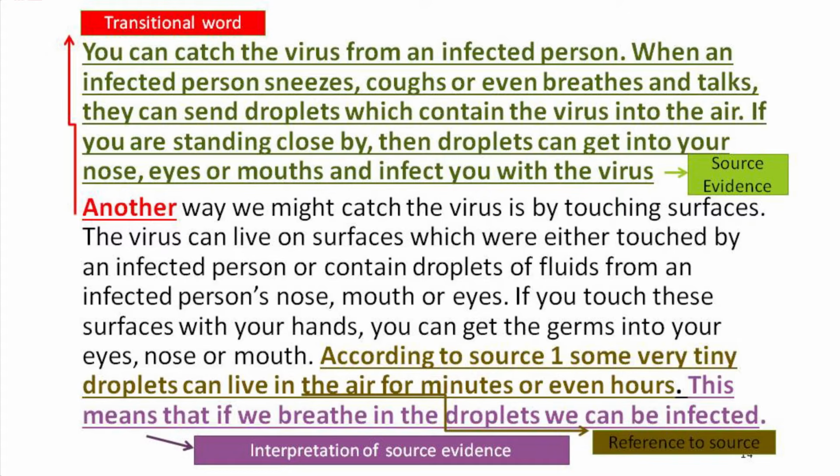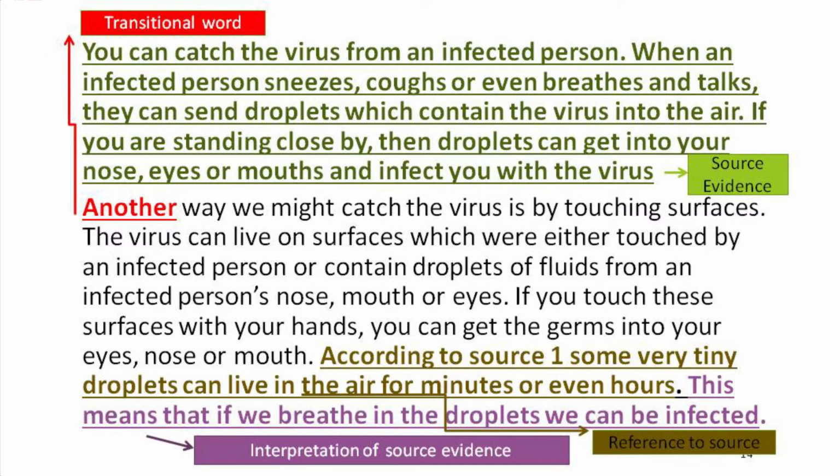The virus can live on surfaces which were either touched by an infected person or contain droplets of fluids from an infected person's nose, mouth, or eyes. If you touch these surfaces with your hands, you can then get the germs into your eyes, nose, or mouth. According to source 1, some very tiny droplets can live in the air for minutes or even hours. This means that if we breathe in the droplets, we can be infected.